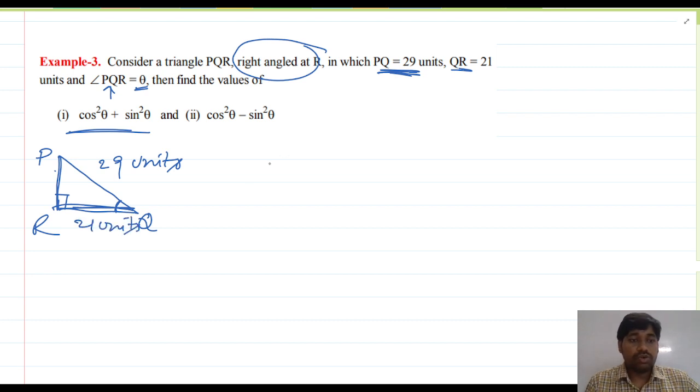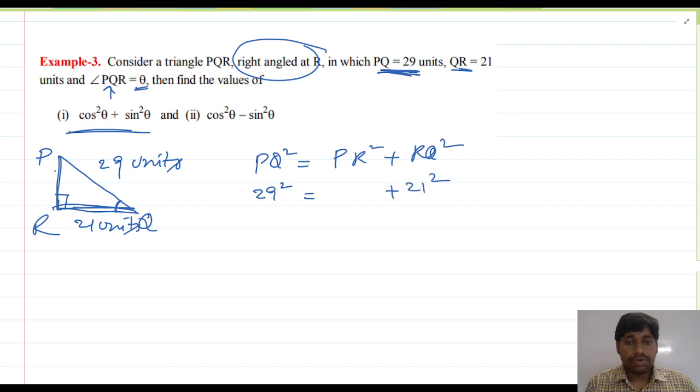So the other side we have to find, that is PQ square is equal to PR square plus RQ square. So it is 29 units square minus RQ, which is 21 units square. This we don't know, PR square.